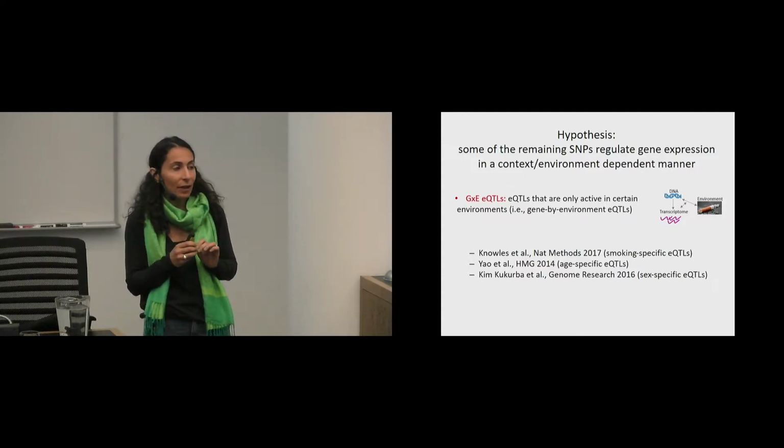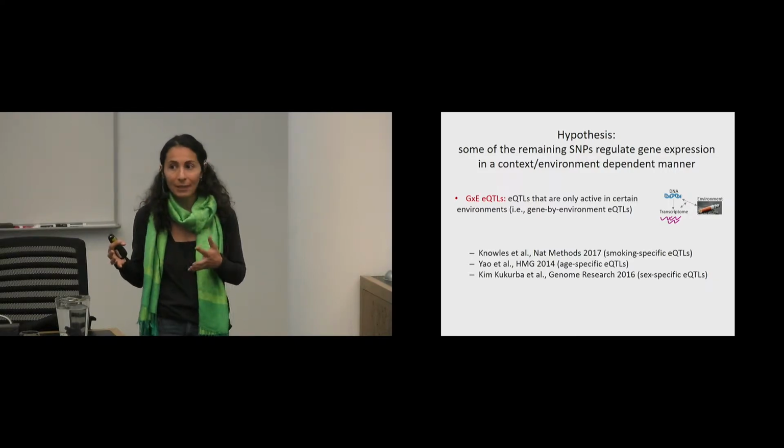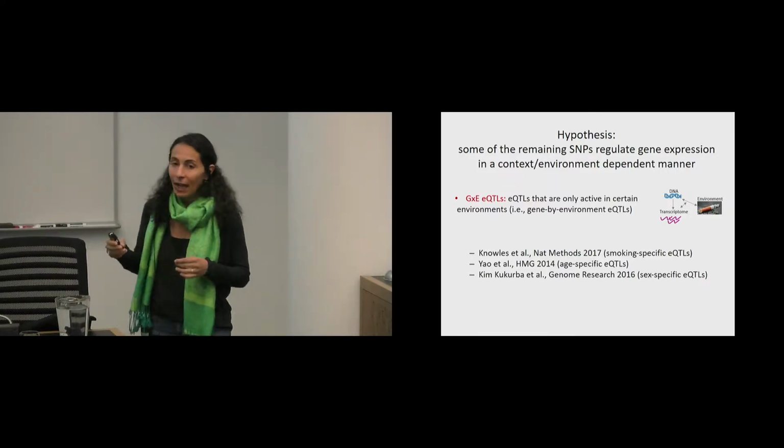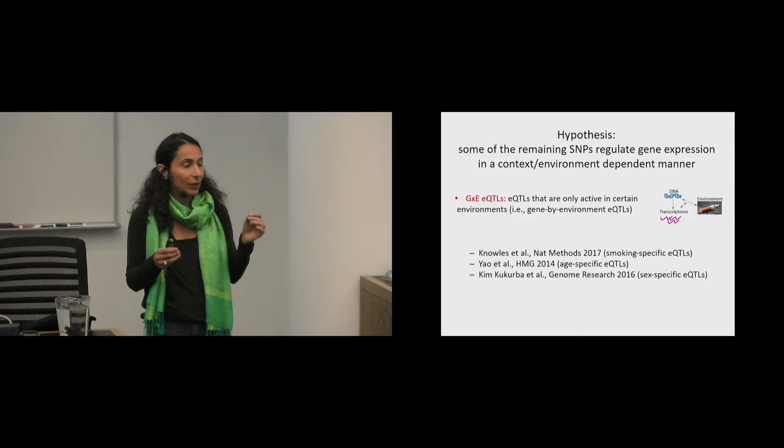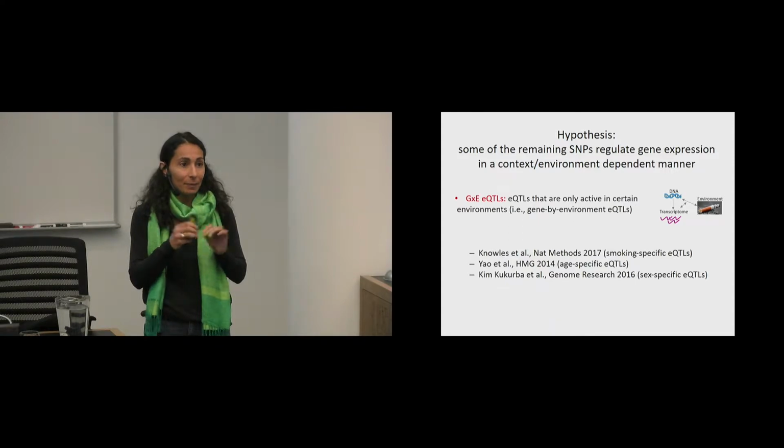The motivation for this goes back to a few studies that have reported eQTLs where you see a relationship between SNP genotype and gene expression, but only in smoking individuals, or only in individuals that are old, or only in females. So there could be these special links between genetic variation and gene expression that are context or environment dependent.